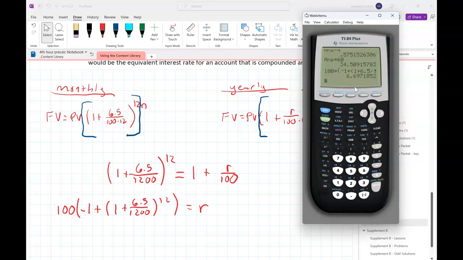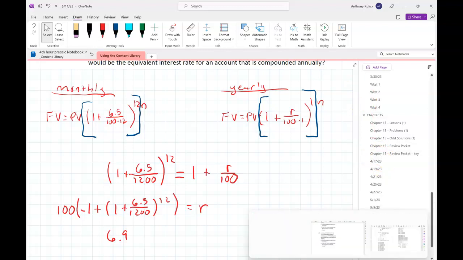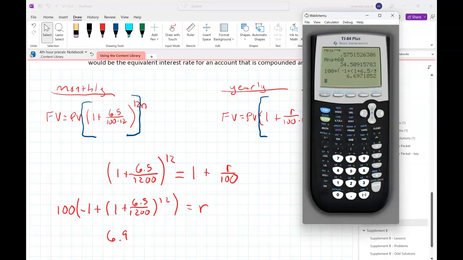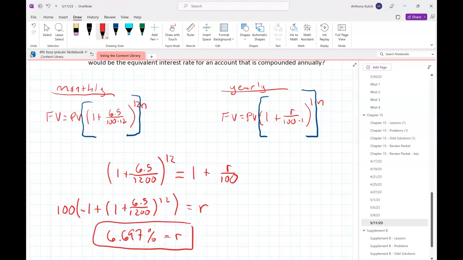And I get about 6.97. That's not right. What did I say there? 6.697. That's more like it. So that would be what the annual interest rate would have to be for these two investments to be equal, right?